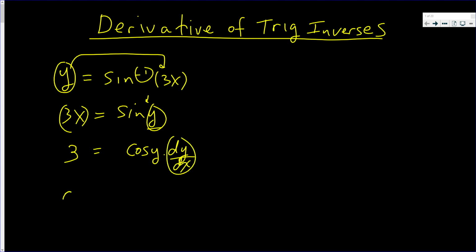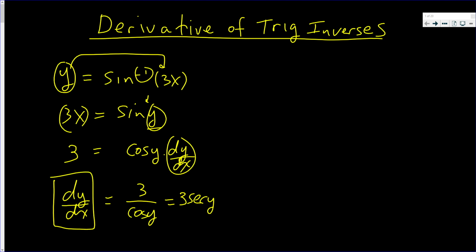Solving for dy dx, we get that dy dx is 3 over cosine y. And if you like, you can write this as 3 secant y. But however you write it, you'd like dy dx to only be in terms of x.